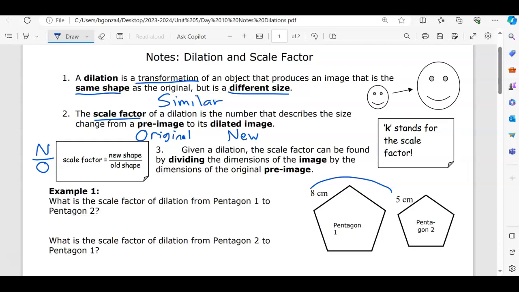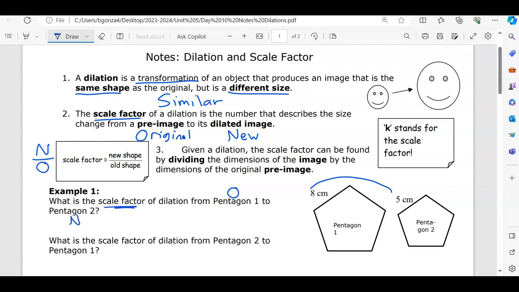What is the scale factor of dilation from pentagon 1 to pentagon 2? Now look, if I go from 1 to 2, which one's the original? 1. And I go to the new one, pentagon 2. So label that. Pentagon 1 is my original. Pentagon 2 is the new.